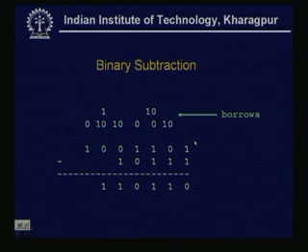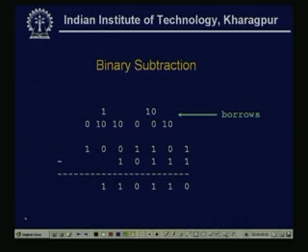Again if I write the addition rule, the rules are 0 plus 0 equal to 0, 0 plus 1 equal to 1, 1 plus 0 equal to 1, 1 plus 1 equal to 0, carry 1.